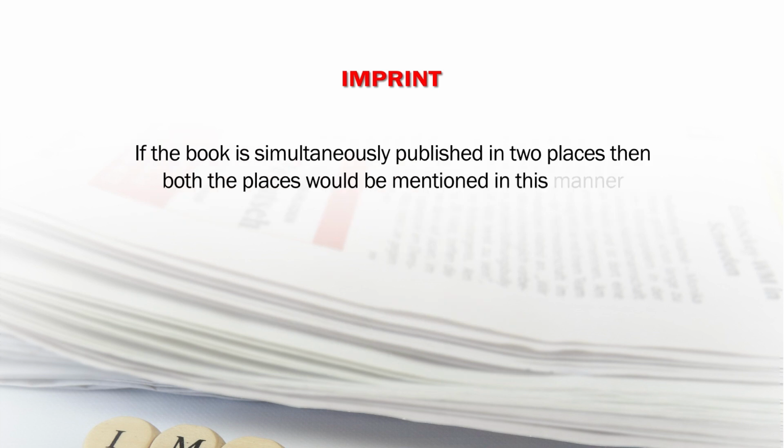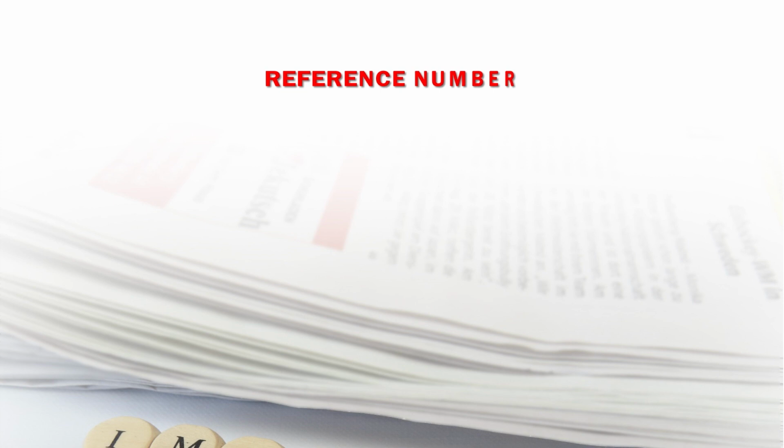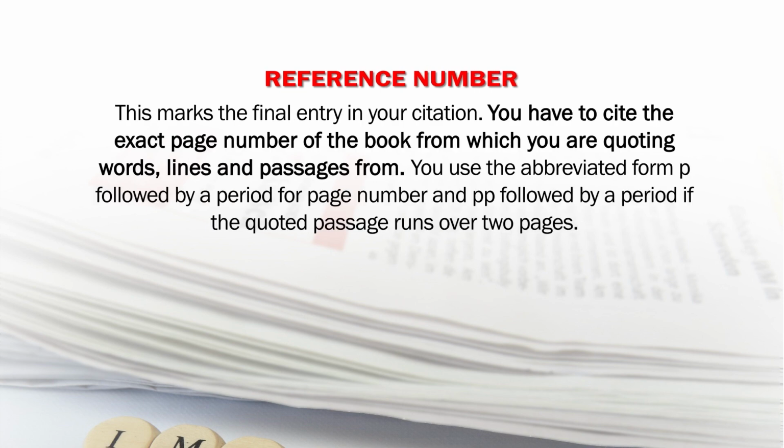If the book is simultaneously published in 2 places, then you would mention both the places in this manner. The name of the author, the work, London and New York, separated by semicolon. Reference number. This marks the final entry in your citation.